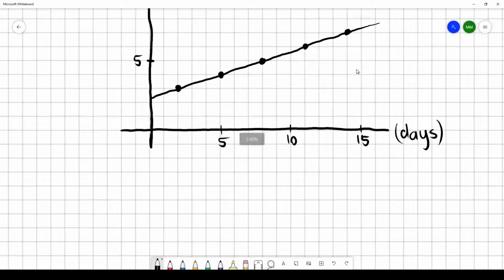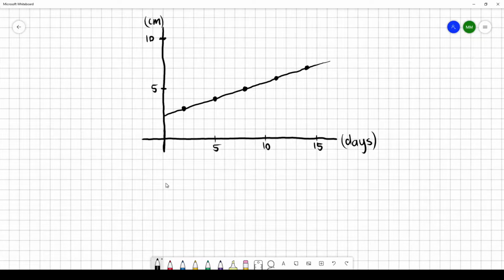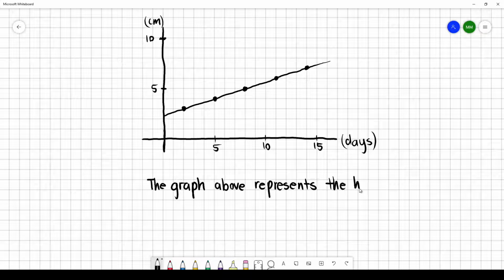So some background information. The graph above represents the height of a plant over time.